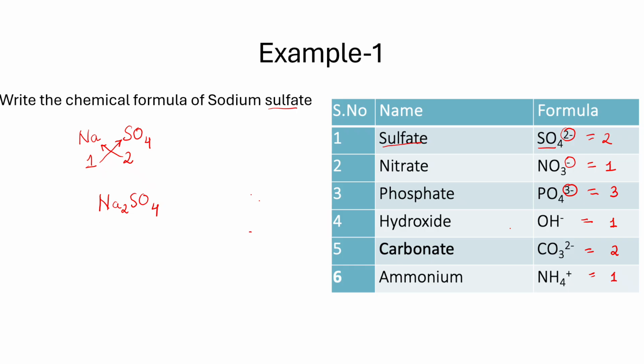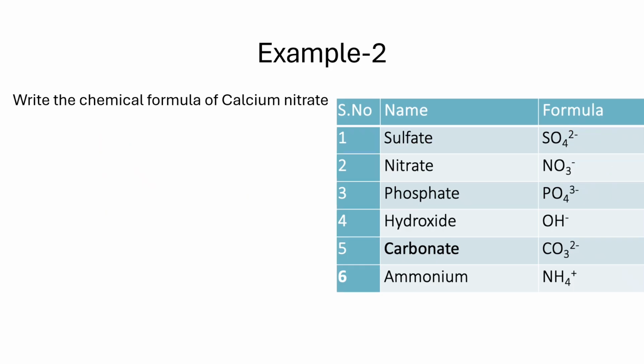Let's use these in other examples. Let's take the case of calcium nitrate. Now, if you refer to the periodic table, you will see that calcium has the symbol Ca and it is in group 2 of the periodic table, which means its valency is 2.